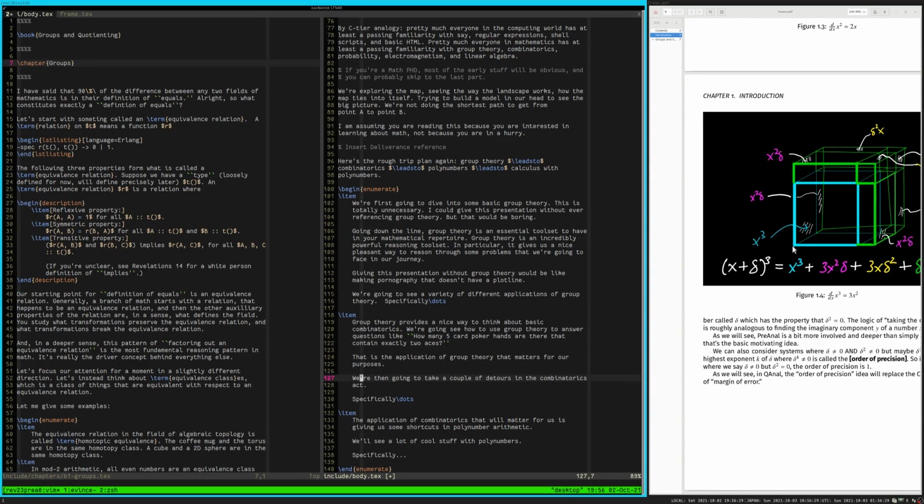We'll then take a few detours in the combinatorics act, and spend quite a lot of time on probability theory.